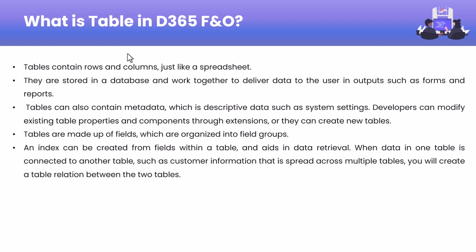When data in one table is connected to another table, such as customer information that is spread across multiple tables, you will create a table relationship between two tables, or you can join multiple tables together to bring the data, and you can use that data to show reports, or show the data in the form itself.